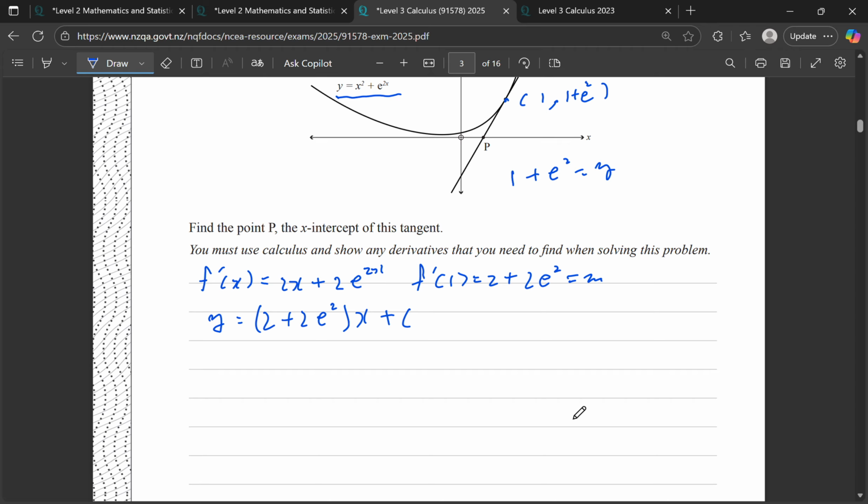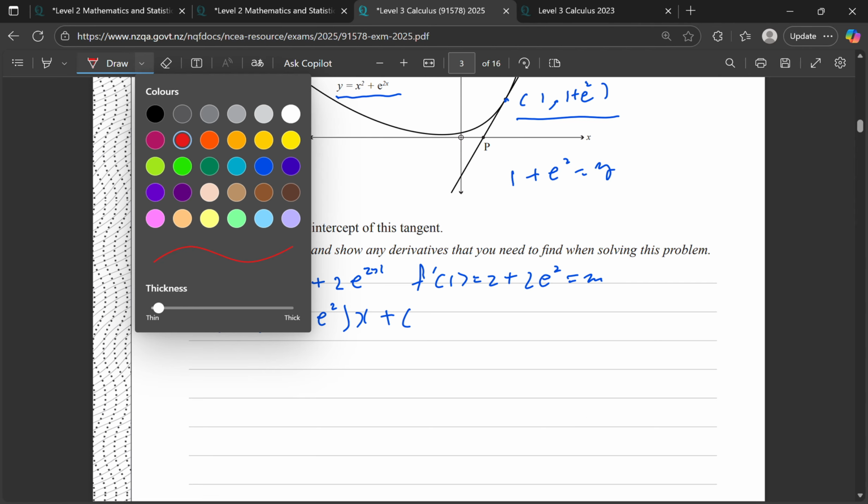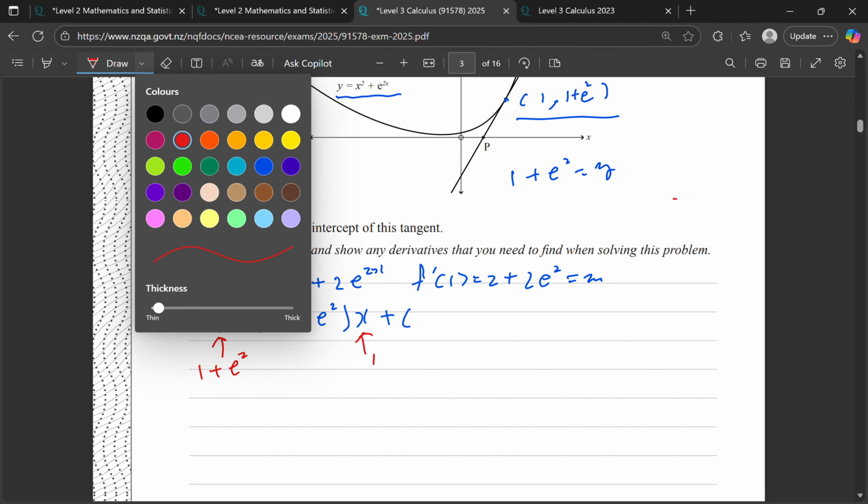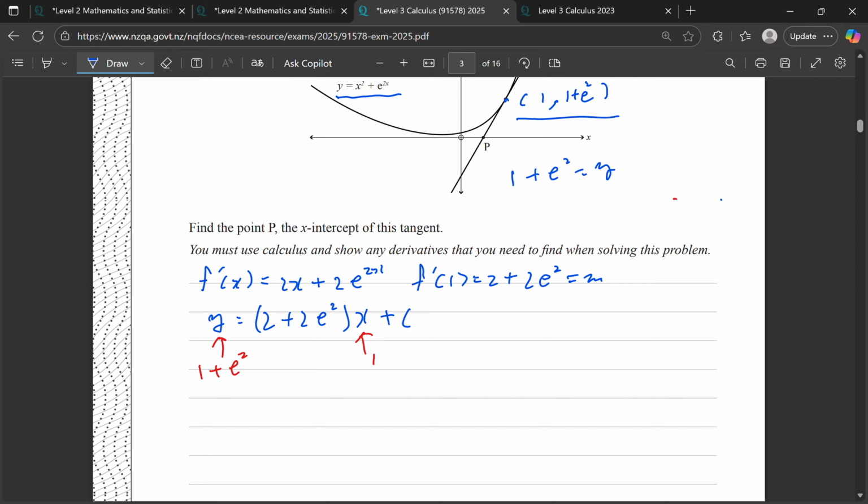So using this, let's find the c. So we plug 1 into x and then 1 plus e squared into y. So we go 1 plus e squared equals 2 plus 2e squared plus c, right?